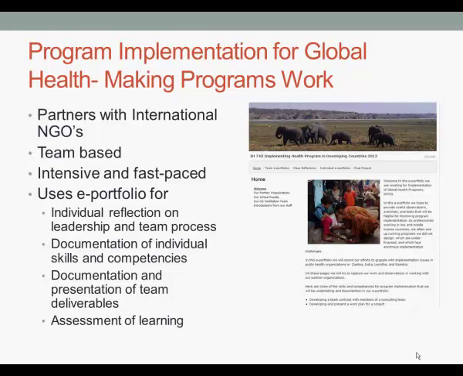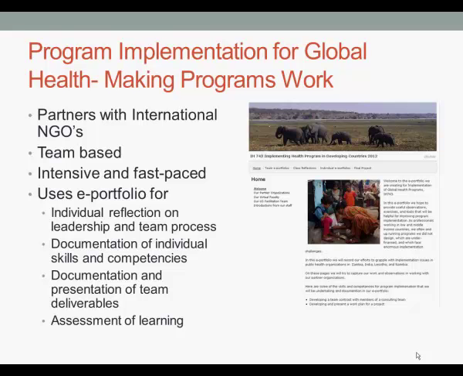And we worked with an Indian NGO called ASHA that provides services to 400,000 slum dwellers in Delhi. The course is team-based. It's very intensive and fast-paced. We work prior to the course with the NGOs to develop 5 scopes of work for 5 different implementation problems.